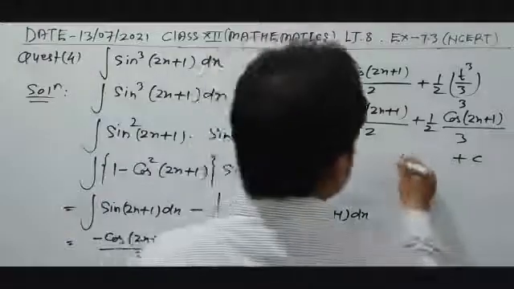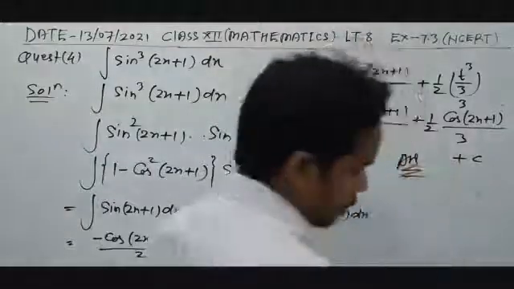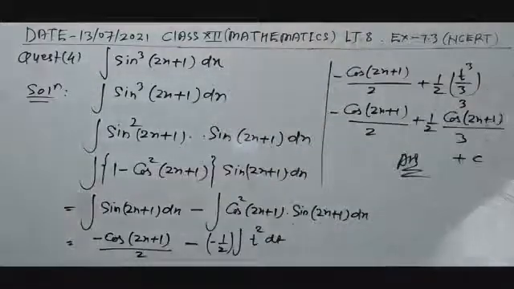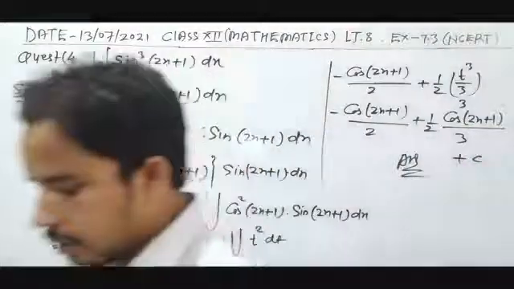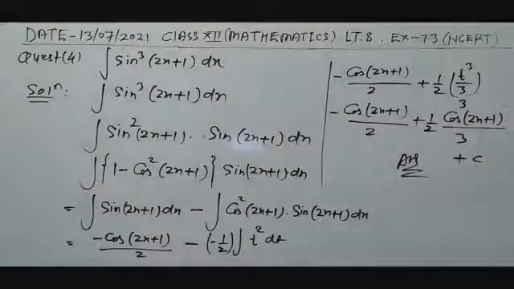So the answer is minus cos of 2x plus 1 by 2 plus 1 by 6 cos of 2x plus 1, cos cube of 2x plus 1. So this is the answer.